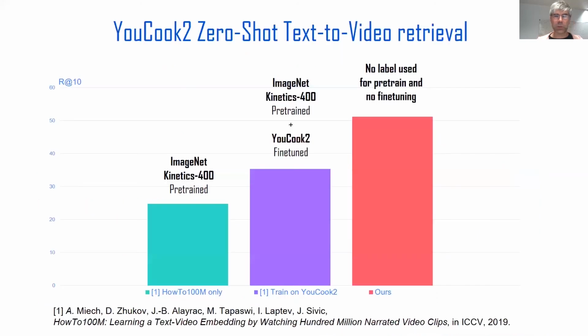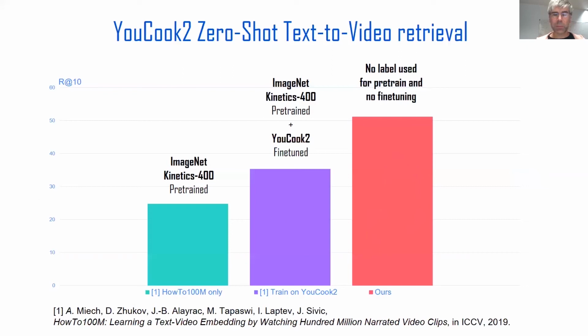Of course, NCE could be substituted by something else, for example a triplet loss. This confirms recent findings that the NCE loss is good, and the extension to MIL-NCE is actually important. If you don't do multiple instance learning, then the alternatives perform worse in most cases.